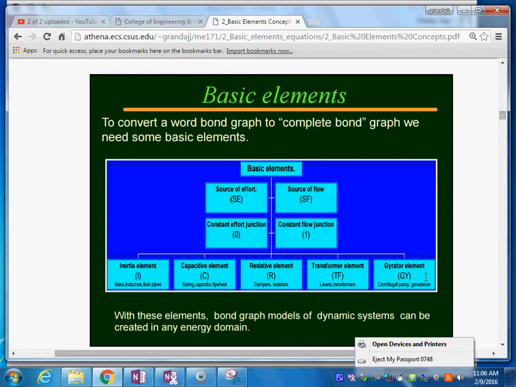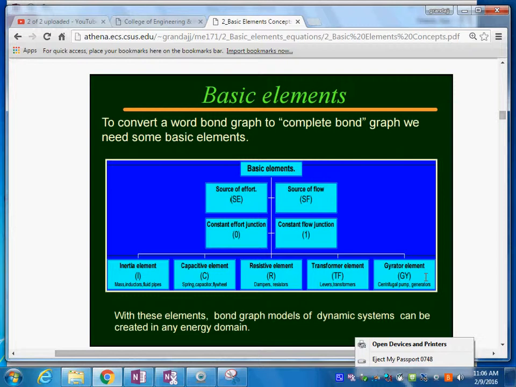So instead of relating flow to flow or effort to effort, like on a gear set where you relate one angular velocity to another, a gearbox, like the one in your car, converts the revolutions of the engine into another speed for the car. But the gyrator is different because the variables are crossed. One effort, which is voltage, is related to the flow on the other side. So that's the only difference between those two.